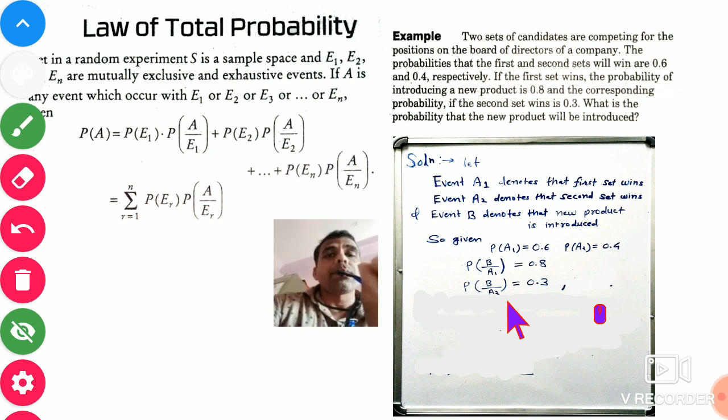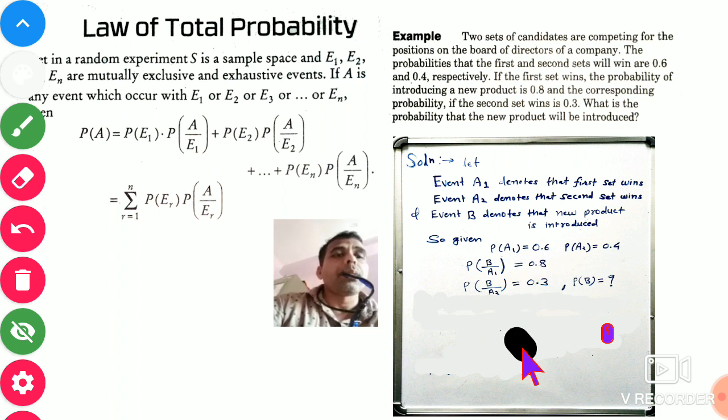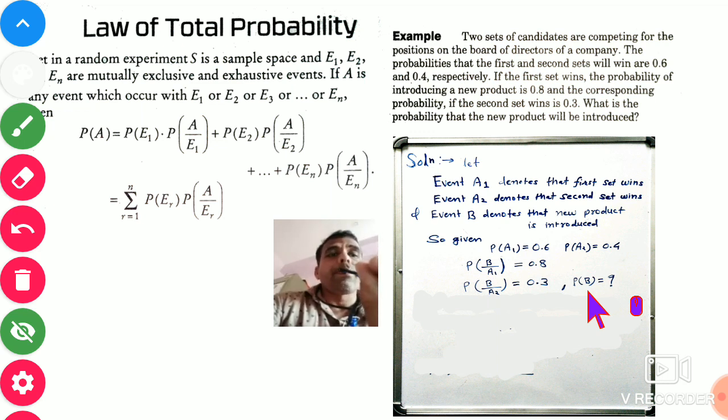So now what is the probability of the new product being introduced? We have to find P of B. You have to apply the law of total probability here.